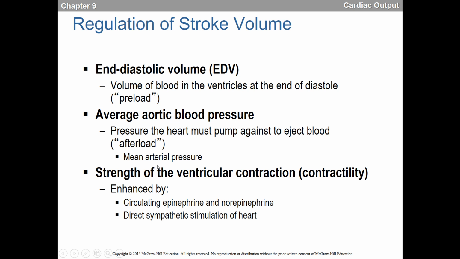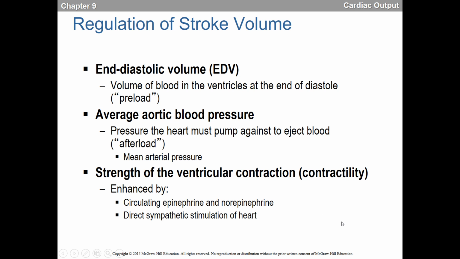So mean arterial pressure. Overall, regarding regulation of stroke volume, if we have a higher end diastolic volume, we're going to have a higher stroke volume. If we have a higher afterload, then we're going to have a lower stroke volume. So if it has to pump blood against a higher blood pressure, that's going to decrease our stroke volume.